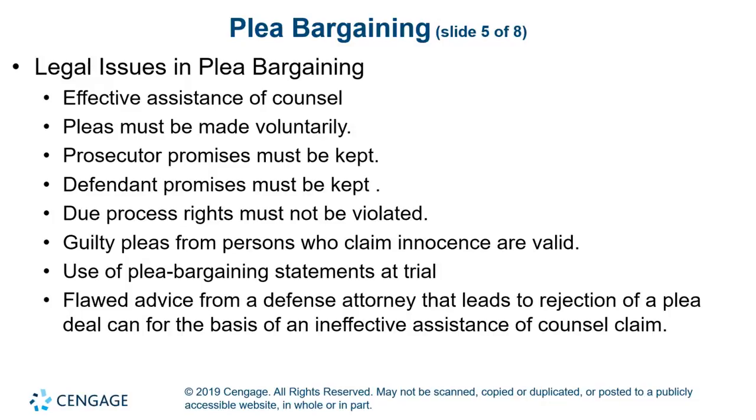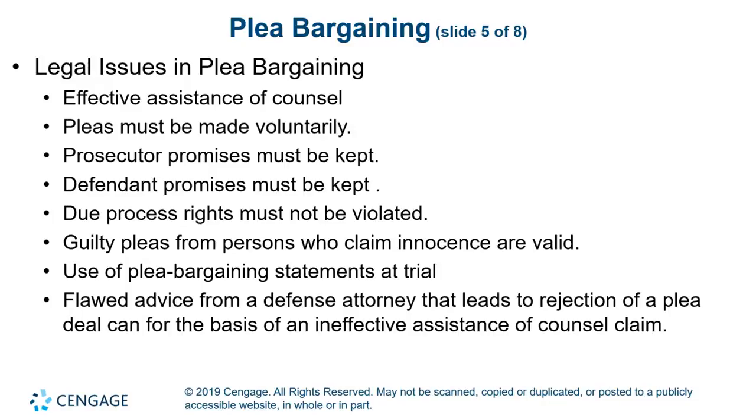A defendant's due process rights are not violated when a prosecutor threatens to bring more serious charges, for example, as a habitual offender, if the defendant does not plead guilty to a lesser offense. Okay, so guilty pleas from persons who claim innocence are still valid. Accepting a guilty plea from a defendant who maintains their innocence is valid, as I just said.